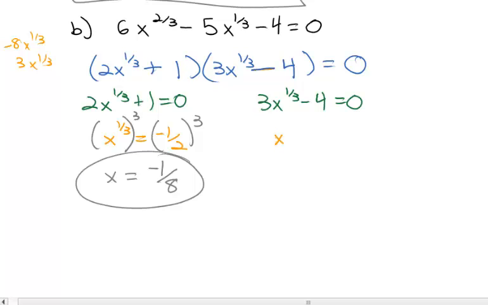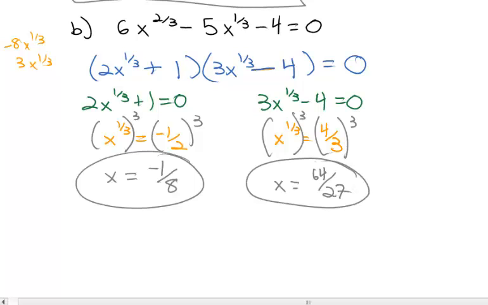The second answer, for the x to the 1/3, we will add 4 and divide by 3. And then we get rid of the 1/3 power with the reciprocal 3 power. And so x is equal to 4 cubed is 64 over 3 cubed is 27. And we have our next solution.